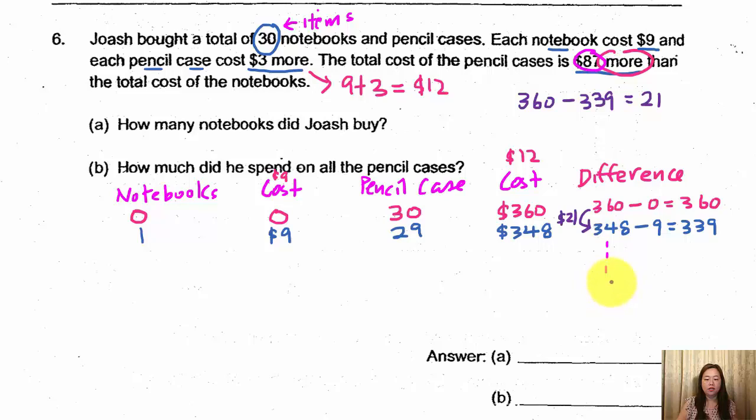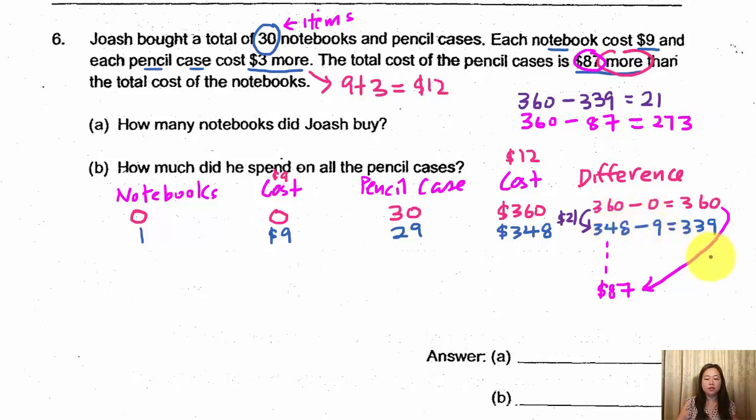that the difference is actually $87 here. So in order to reach $87, we have to find out what is the drop in the total difference between the notebook and the pencil case, and it will be 360 minus 87, which is equal to 273.